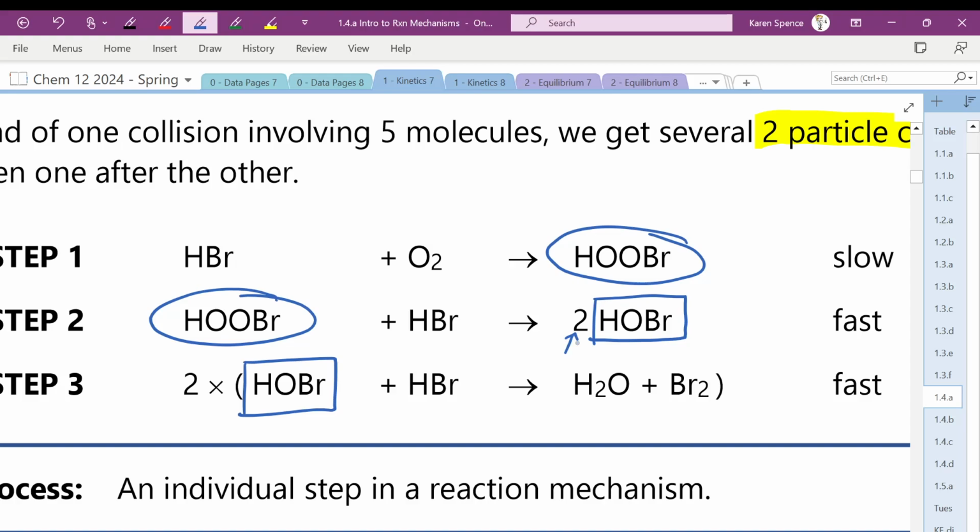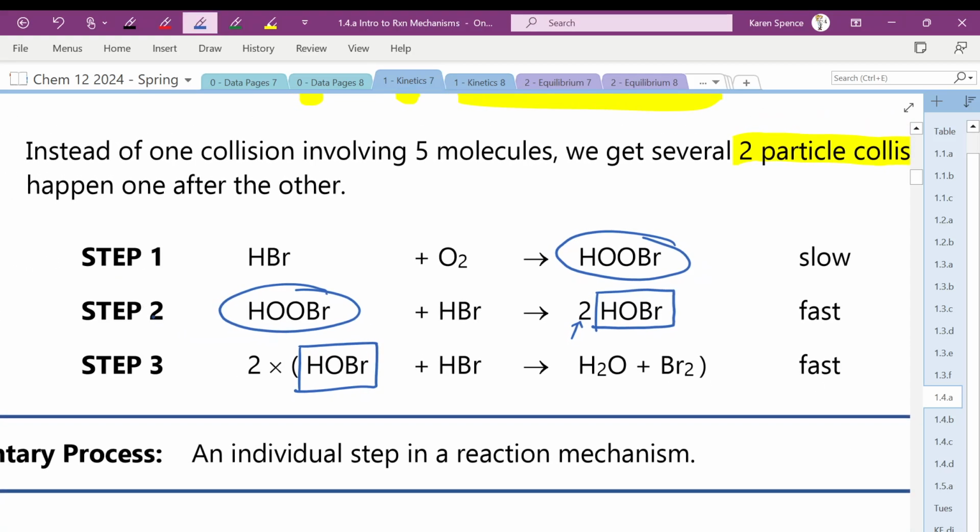So this is a 3-step process, 1, 2, 3. And somebody did some experiments and determined that the first step was slow, okay? That means whenever we have a reaction mechanism, one of the steps is going to be the slowest step.